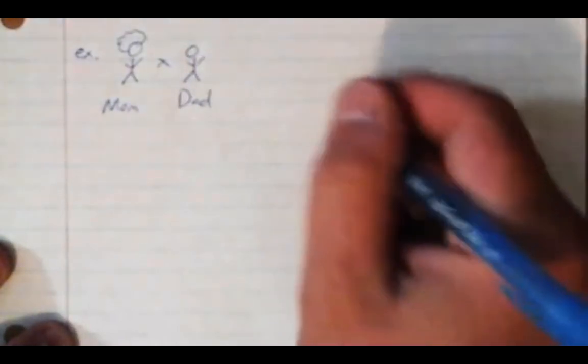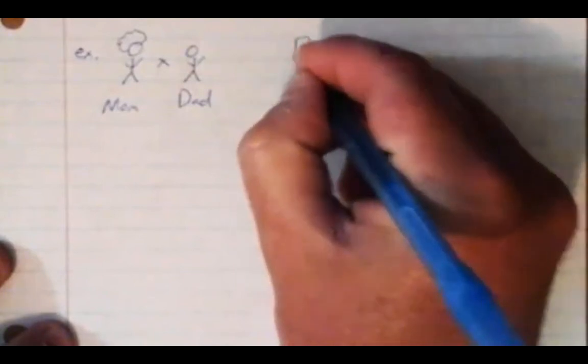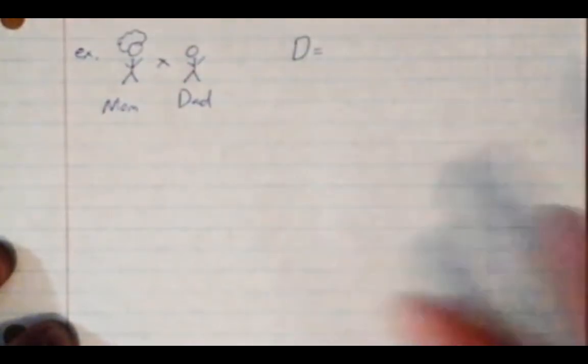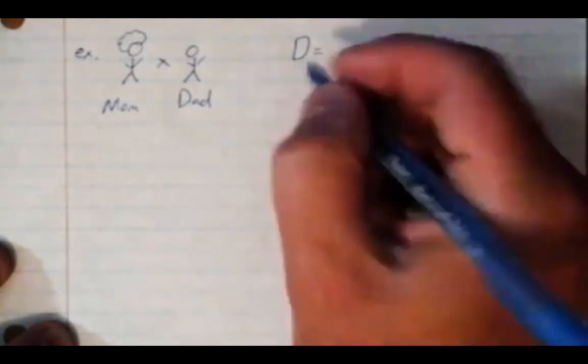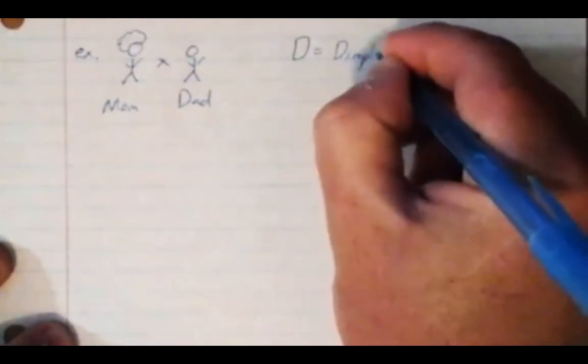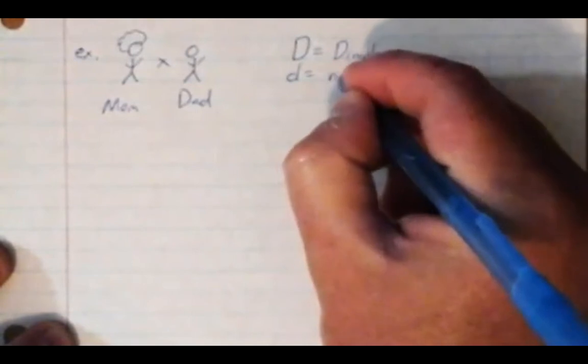So they would be the P generation right here. All right, and let's say we're going to talk about dimples. Did you know that dimples are dominant? So we're going to give the letter D. Again, I could choose any letter I want, P, M, whatever. I just chose D for dimples. It makes it easy. So the capital D means you have dimples.